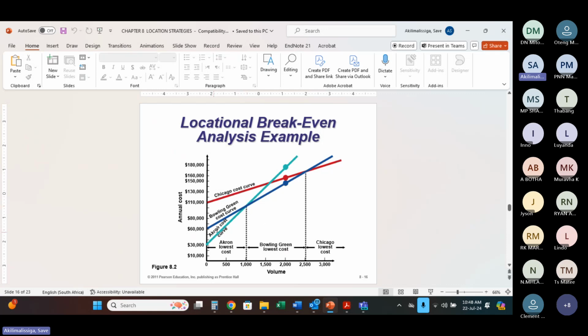Chicago and Akron cross here. And Bowling Green and Chicago also meet right here. So we are looking for these points in order to explain how to plot this graph.